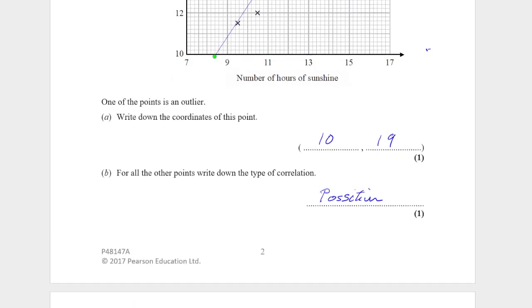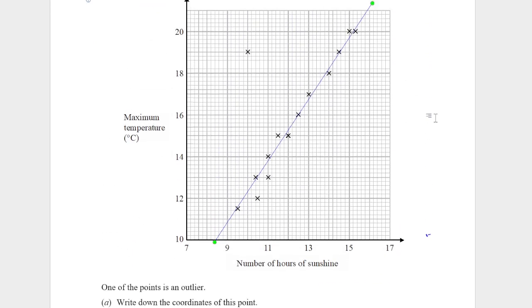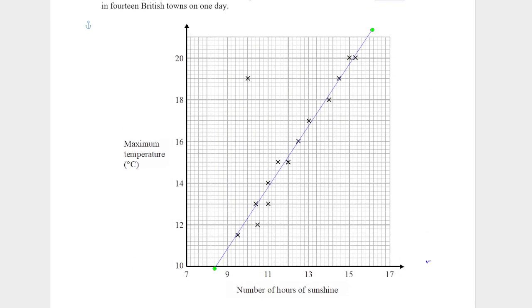And then we're going to use that to make our estimate for 16.4 of maximum temperature. So 16.4, if we go across to our graph, we hit it sort of here. So we're looking at 12.8-ish.